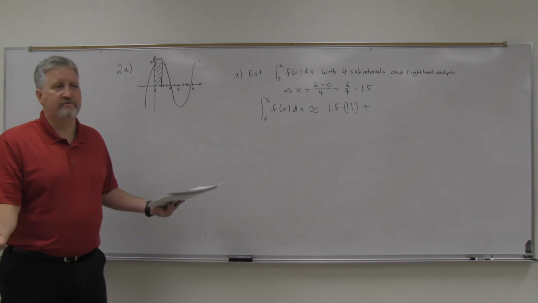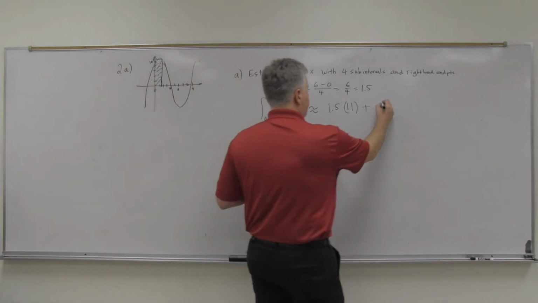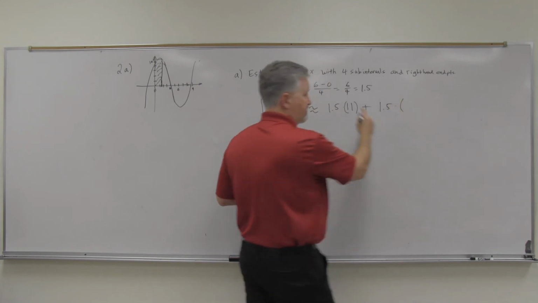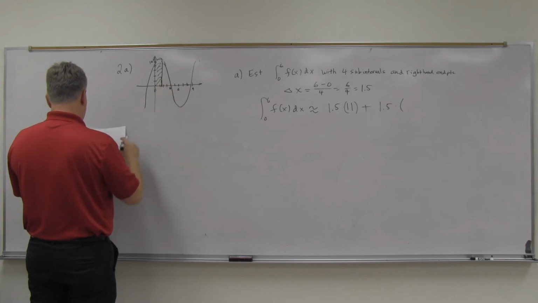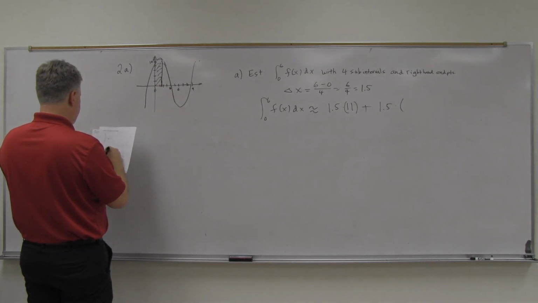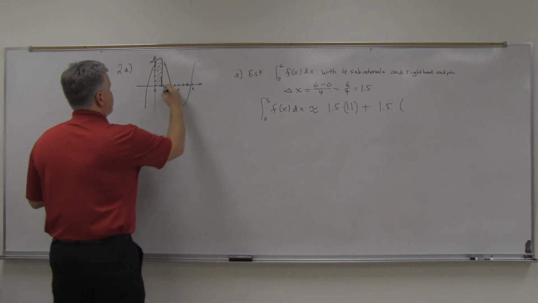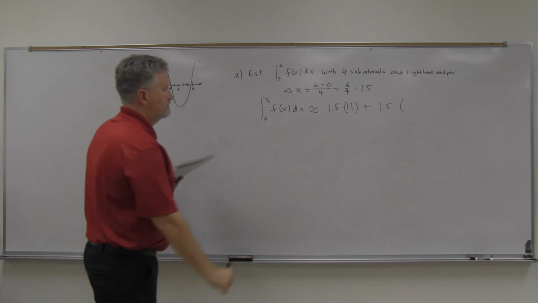It's the same thing we've been doing, just getting that delta x and then multiplying it by the heights for each one. Since I don't have the function here, I'm just estimating it off the graph. So the next one will be at 3. What have I got at 3? Well, it looks like at 3, it's up there about 5 for the height.